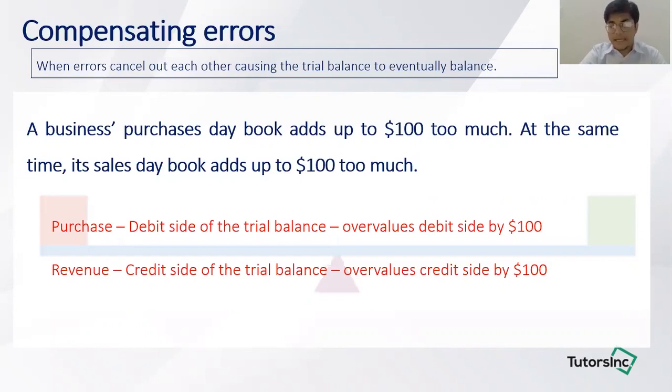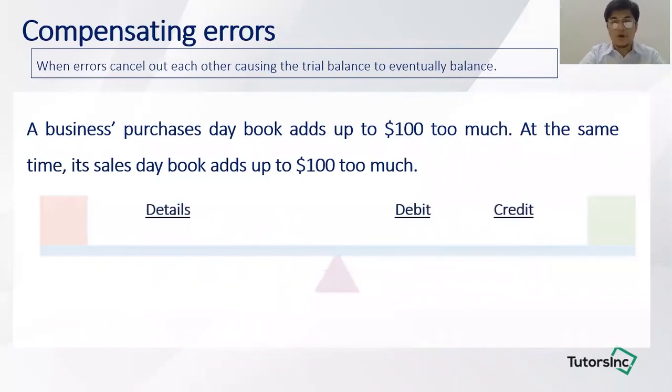So in order to correct them, we just have to offset these two mistakes. Purchase day book has been overvalued by $100. So purchase is a debit item. In order to subtract the $100 that we have mistakenly added or overvalued, we need to credit this account. And the same for sales day book. Sales day book, which is revenue, is a credit item, and we have overvalued that by $100 as well.